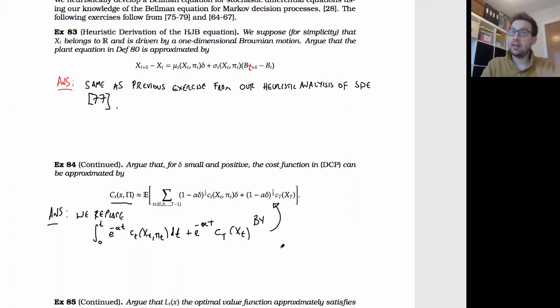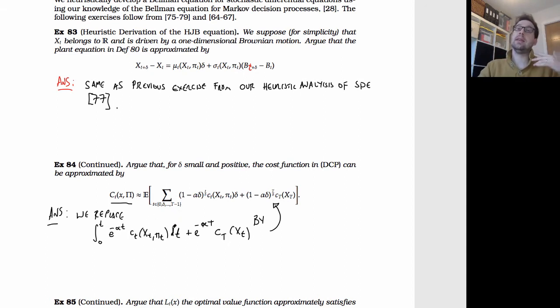We've actually seen that before. We didn't have the expectation in it, so we replace the expectation of this. We replace this integral with this summation here, and let's just ignore the expectation for now.